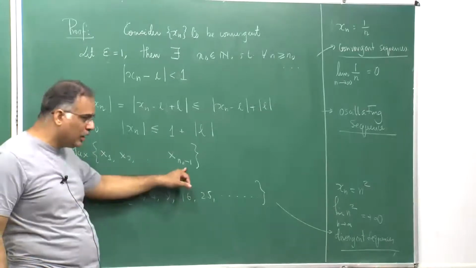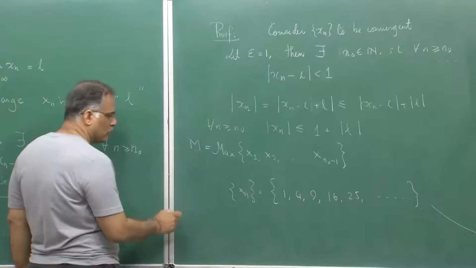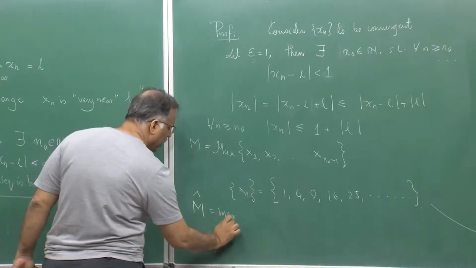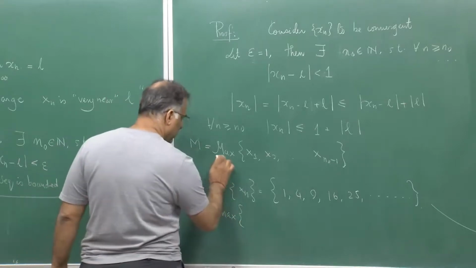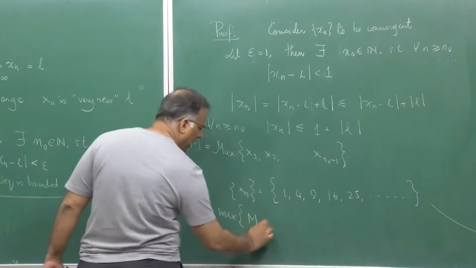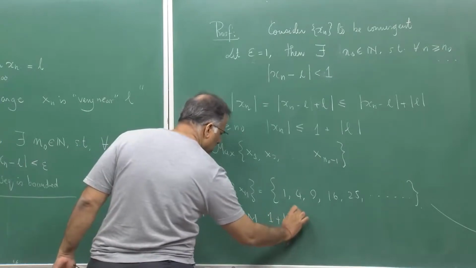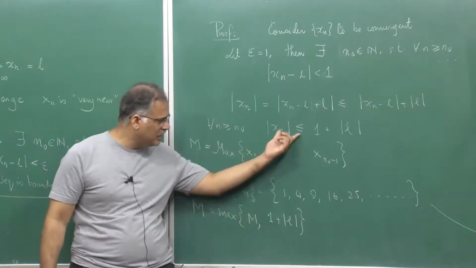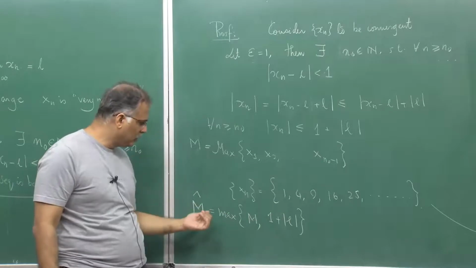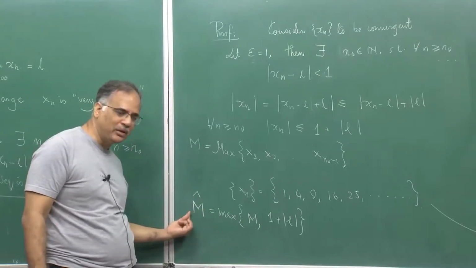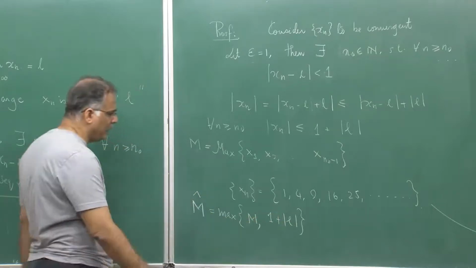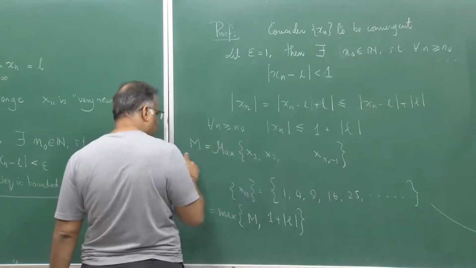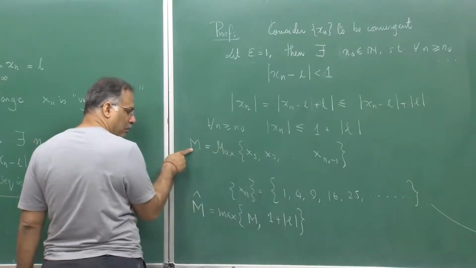So, now find M hat which is equal to the maximum between this capital M and 1 plus mod L. So, when n is bigger than n naught, I know that the sequence value is less than or equal to 1 plus mod L, hence it would also be less than or equal to M hat. And for the remaining finite part, the sequence value is less than M.